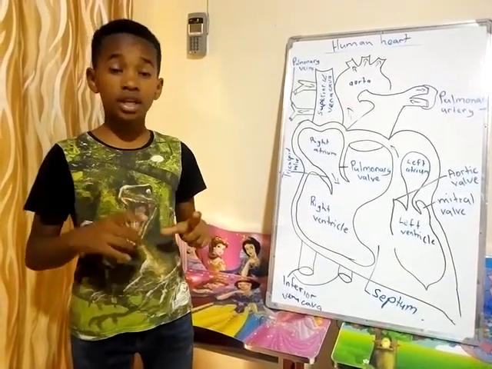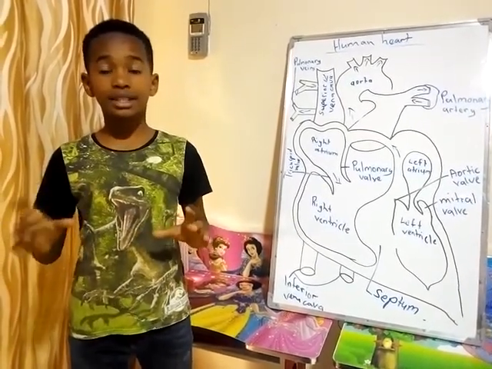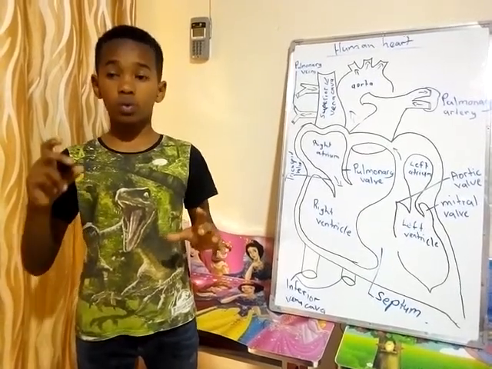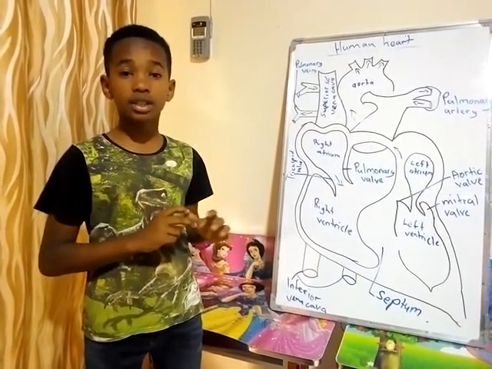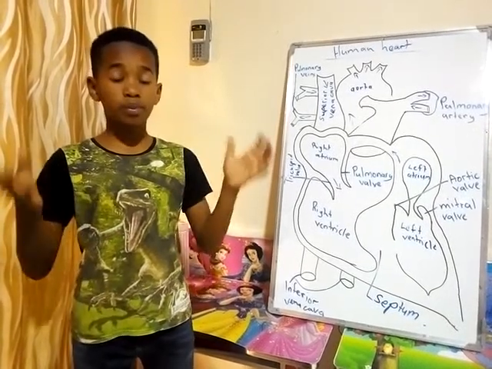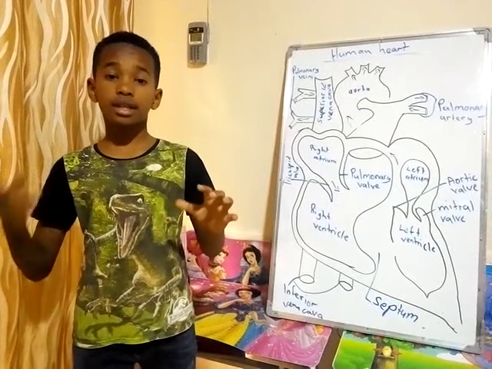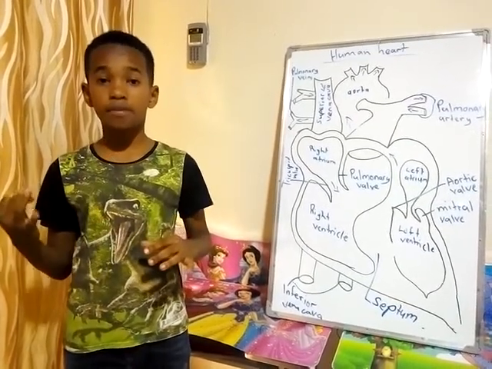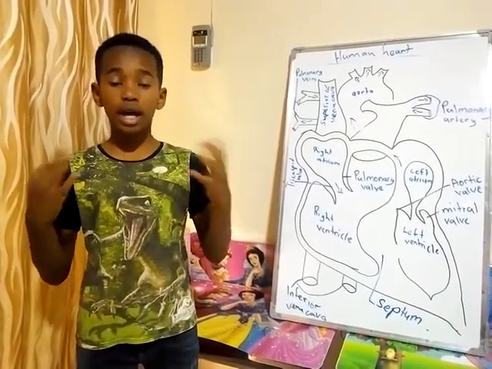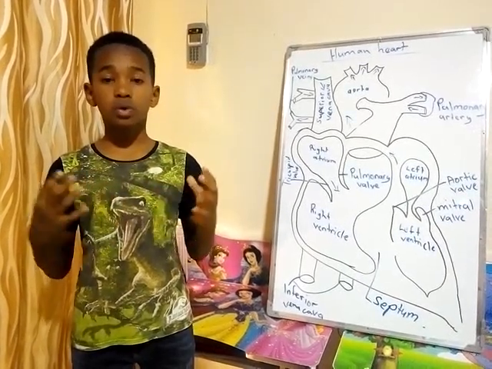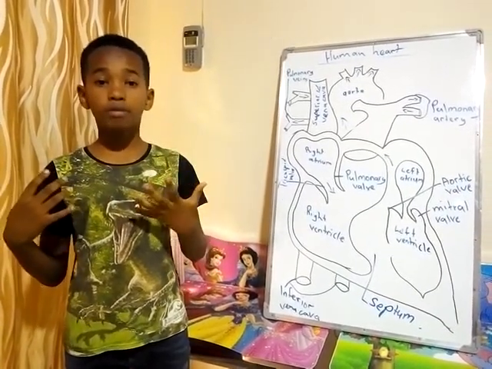The function starts when oxygenated blood is carried from the lungs to the left atrium of the heart. So remember, when you breathe in, you take in oxygen, carbon dioxide, and nitric oxide. Those are three types of air. They will enter and pass through the trachea, or let me say the windpipe.